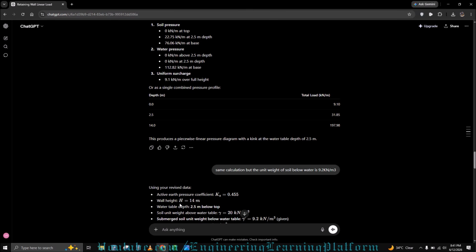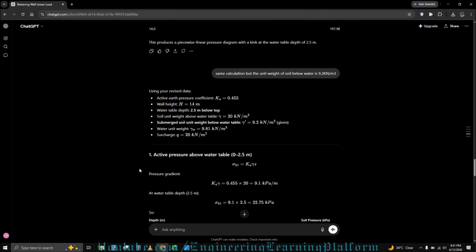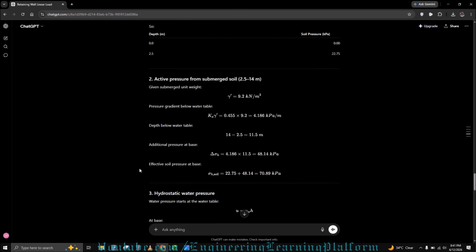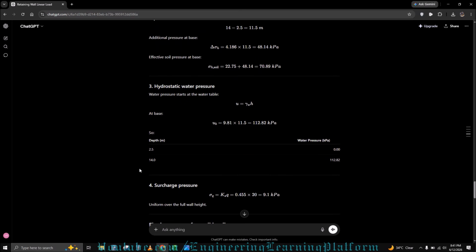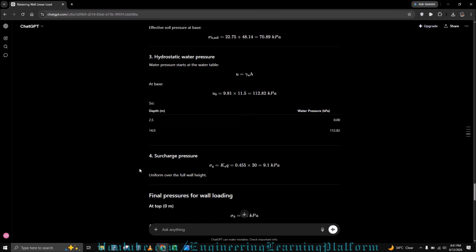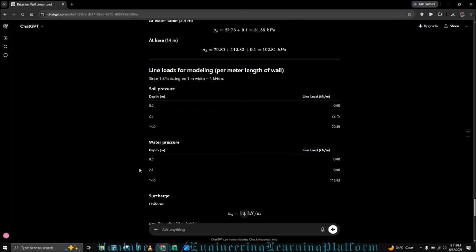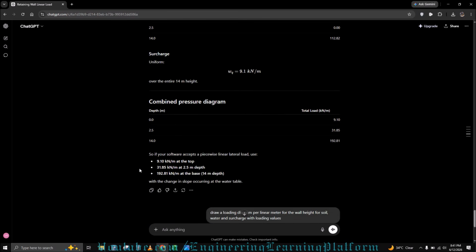Now the AI will update the above calculation for this parameter. So basically I'm telling you that you can update the parameters in a problem and it will update the calculation all together.